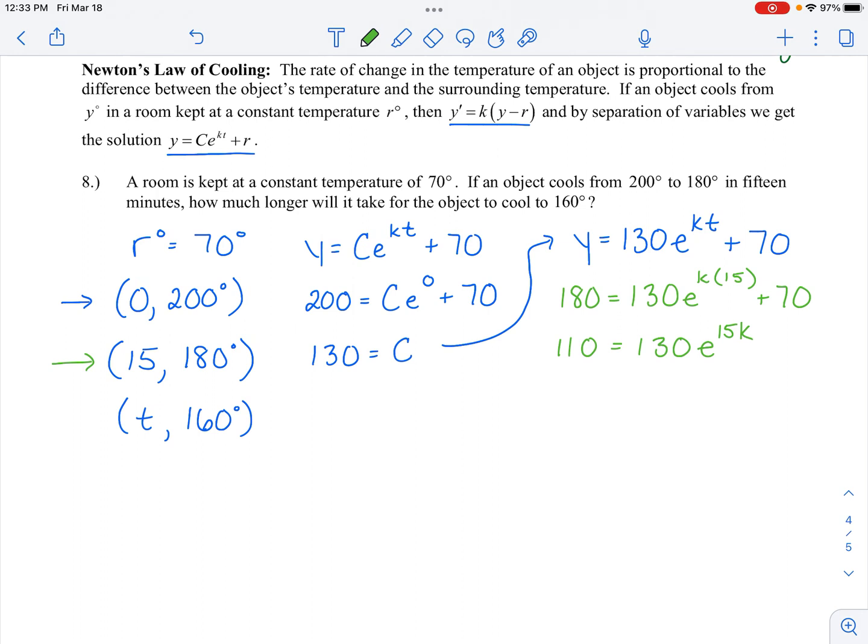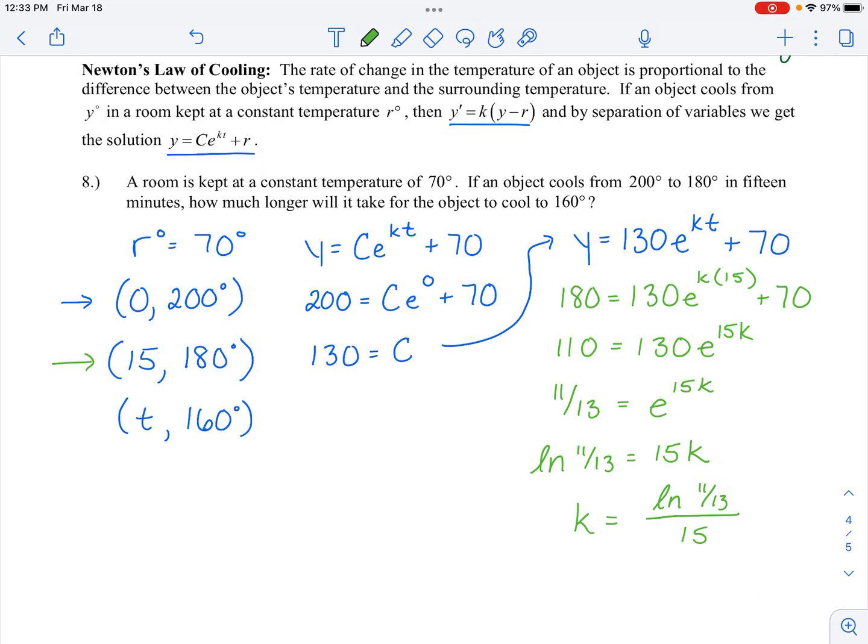Divide out the 130, and we're going to end up with 11 over 13 equals e to the 15k. We're going to take the natural log of both sides, so we're going to get the natural log of 11 over 13 is equal to 15k. So then k is equal to the natural log of 11 over 13 divided by 15, or 1/15 of that natural log.